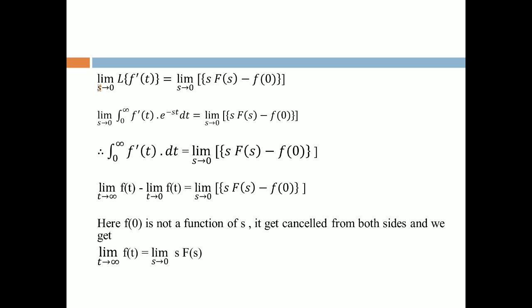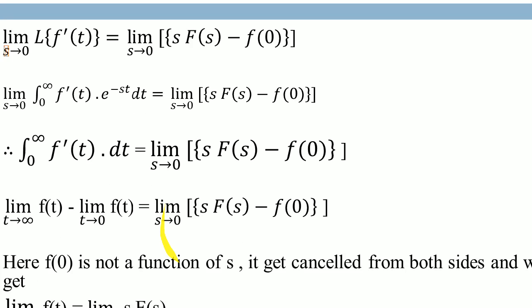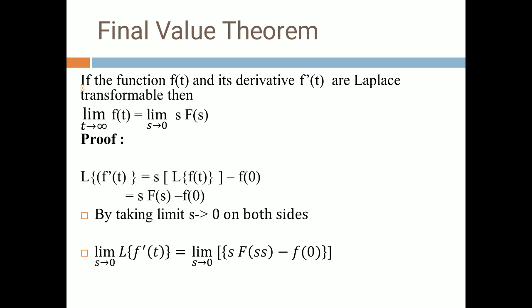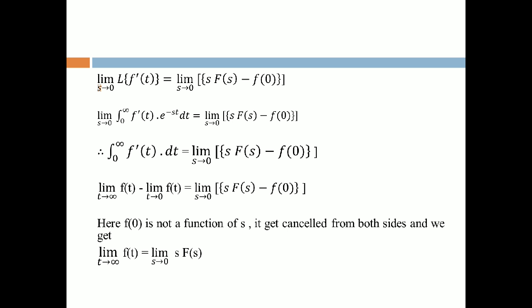We know that the Laplace transform of f'(t) is equal to the integral from 0 to infinity of f'(t) e raised to minus st dt. So we get the entire equation as limit s tends to 0 of the integral from 0 to infinity of f'(t) e raised to minus st dt is equal to limit s tends to 0 of sF(s) minus f(0).